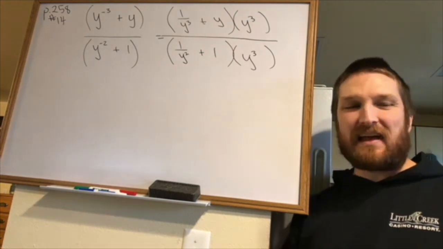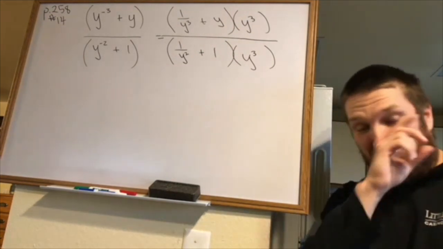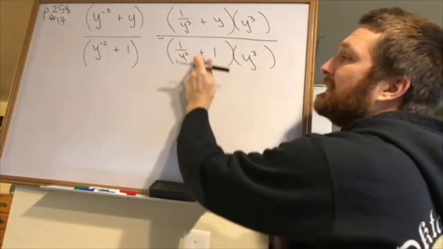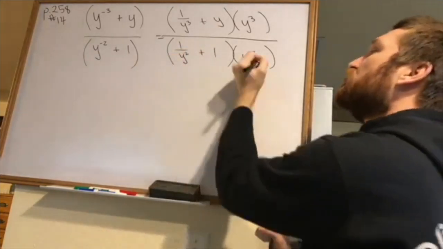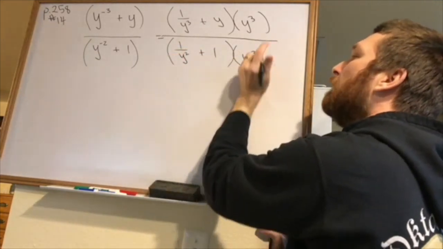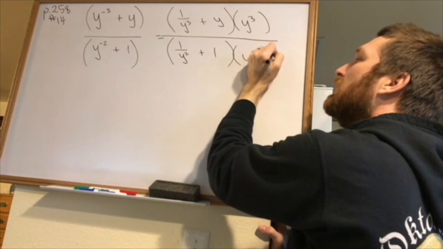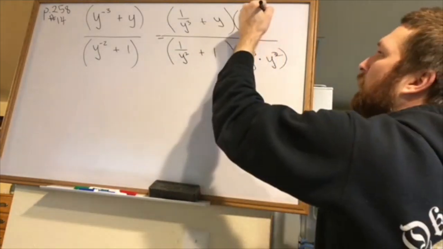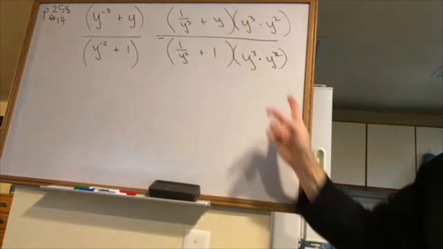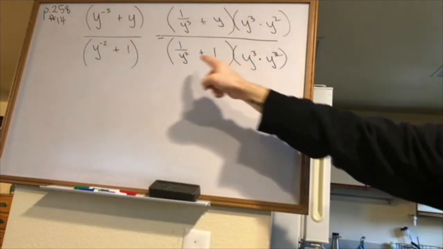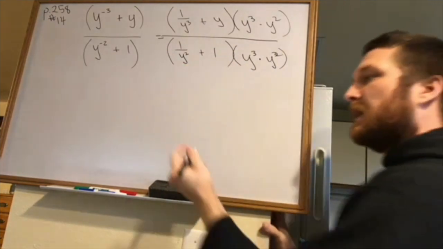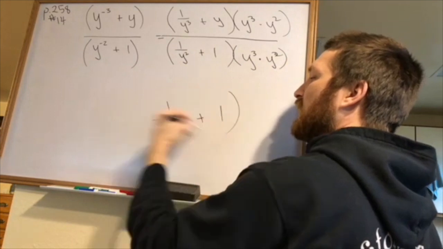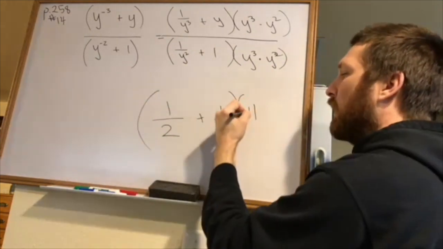If you wanted to, you could say I need to kill that y squared, so I'm going to multiply by a y squared as well. But this would be killing a housefly with a cannonball, because that y to the 3rd is going to do it. It's as though we had 1/2 and we were already going to multiply it by 4.